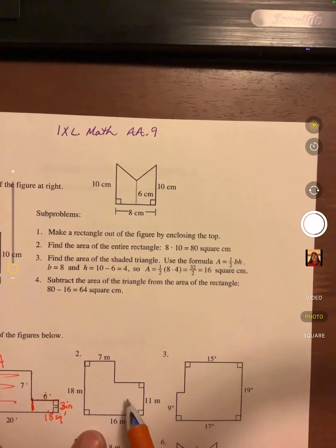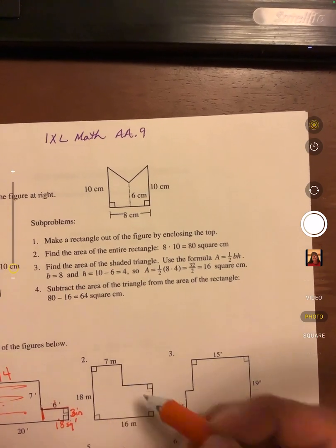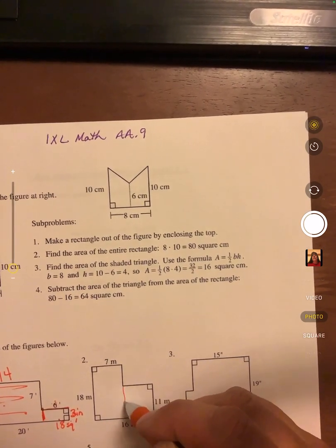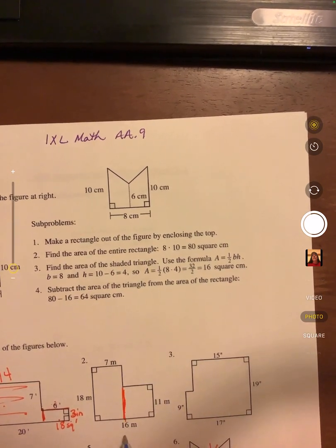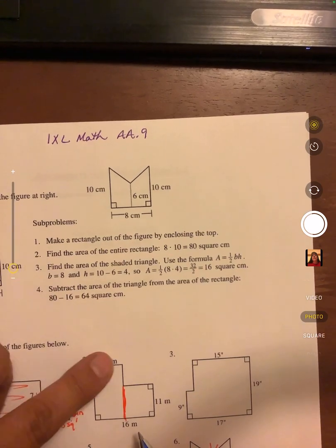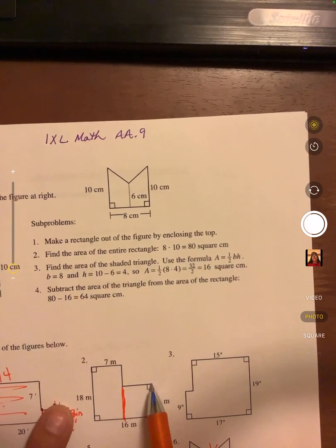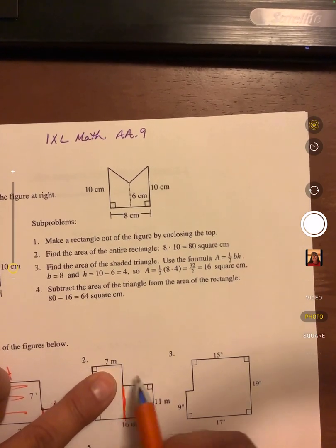So now if I look at this, I could go here and go across. I could go down like this. So if I go down like this, I have a square here, and then I have this. This is 18, this is 7. Here's 11.